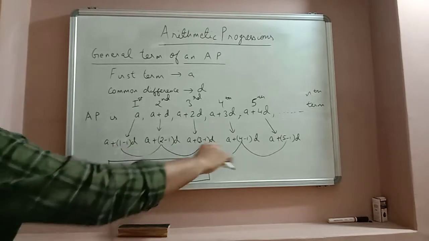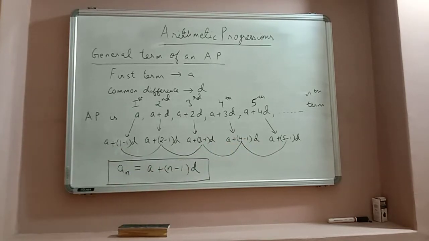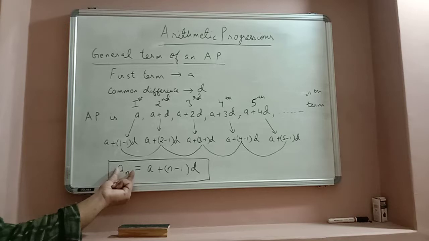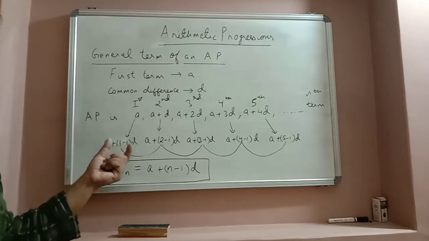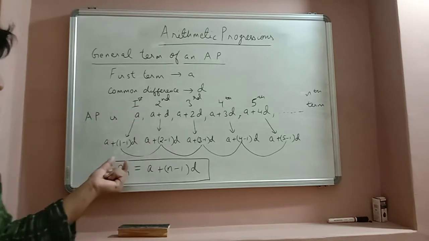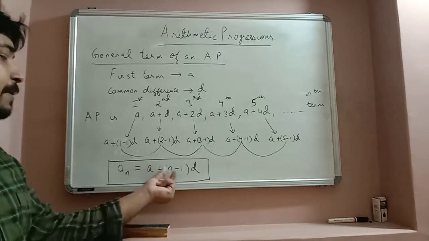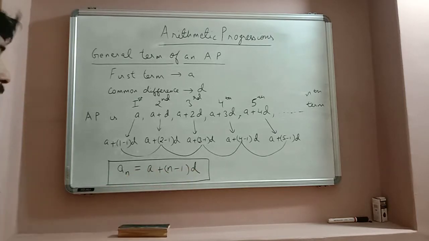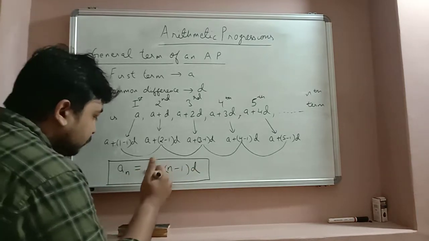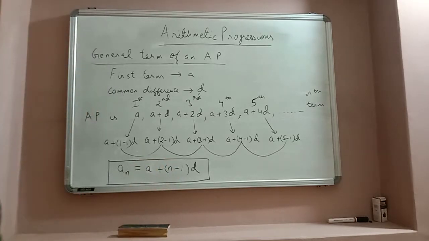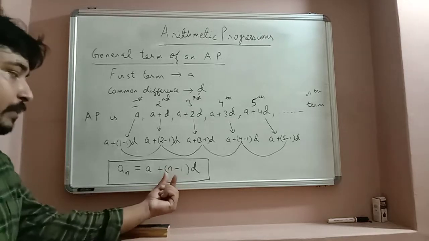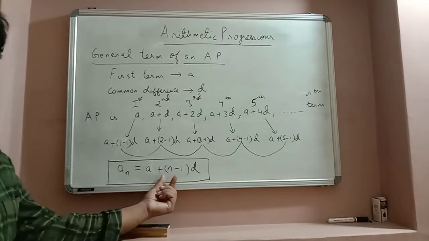So by this observation, I can simply say that the general term of the AP, denoted by a_n, is equal to a plus (n minus 1) into d. So n can be any positive integer.